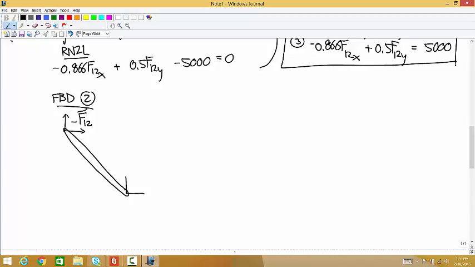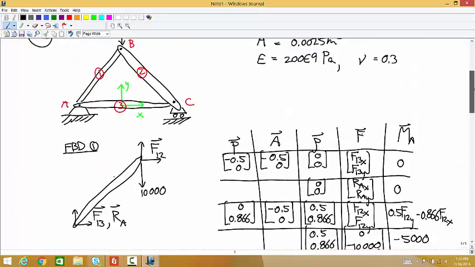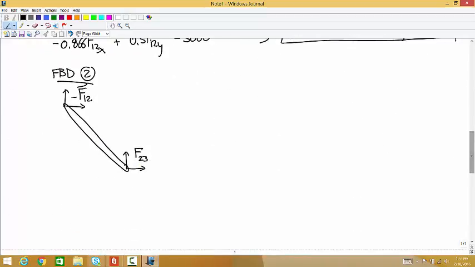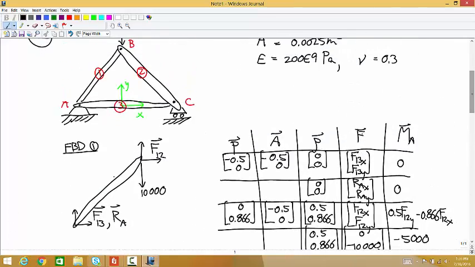And then here, the pin is part of member 2. So we have the force on 2 by 3. Is that the bottom one? Yeah. And the reaction force, RC.